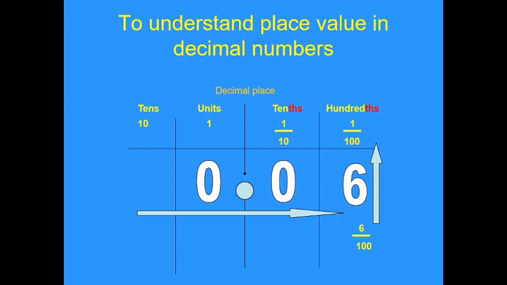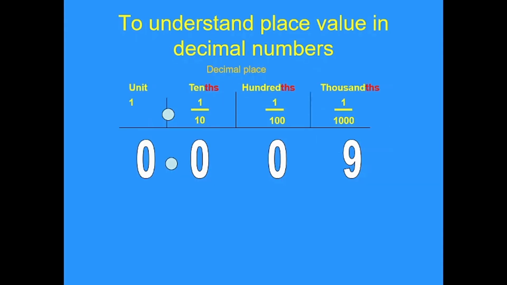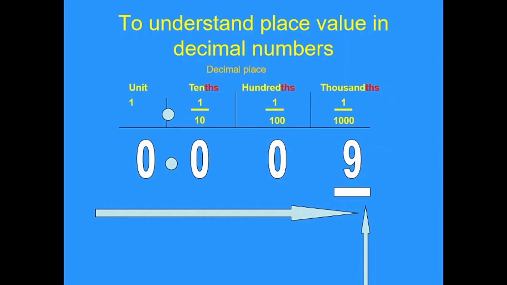Let's proceed to thousandths place. 0 and 9 thousandths. 9 is under thousandths place. 9 times 1 over 1000. The answer or the value is 9 over 1000.